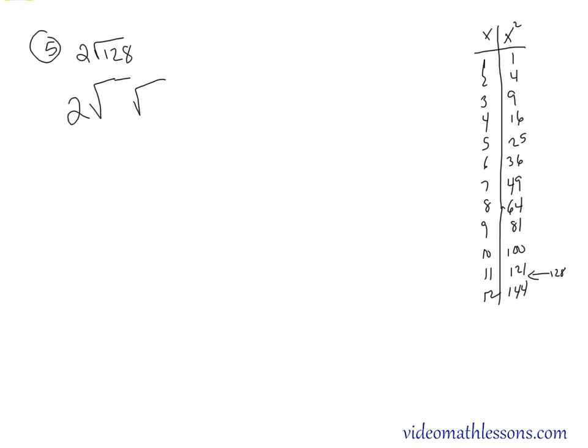So if you work your way through the list, hopefully you came up with 64 and 64 times 2. Rad 64 is 8, and that's rad 2. And then, this is enough work. You don't have to go crazy. So if you want, you can bring it down, but this would be fine. 2 times 8 is 16, left over, rad 2.